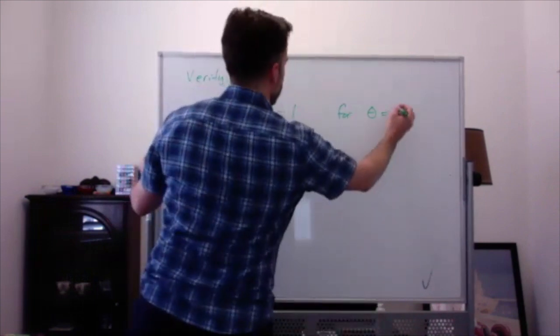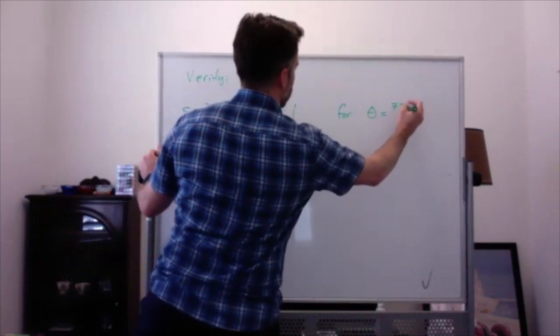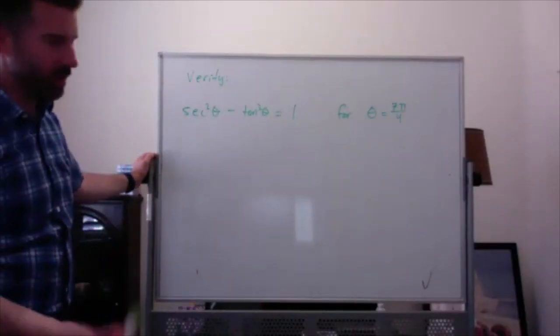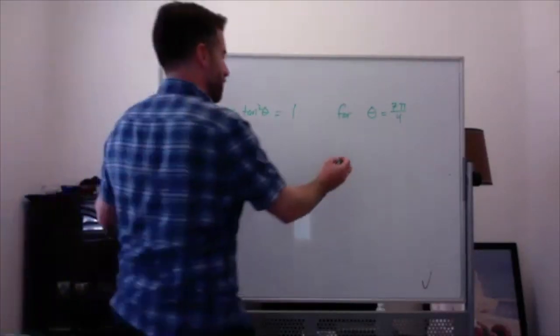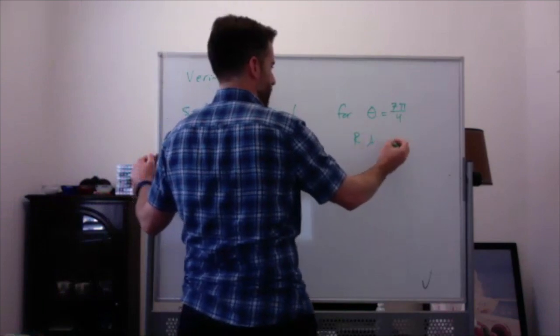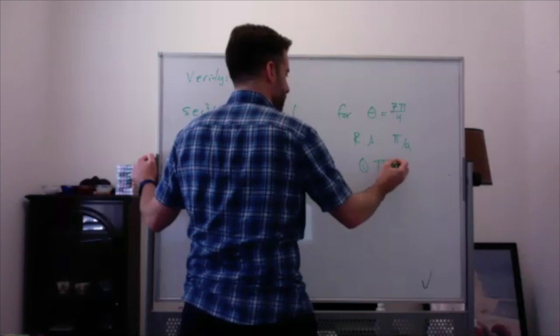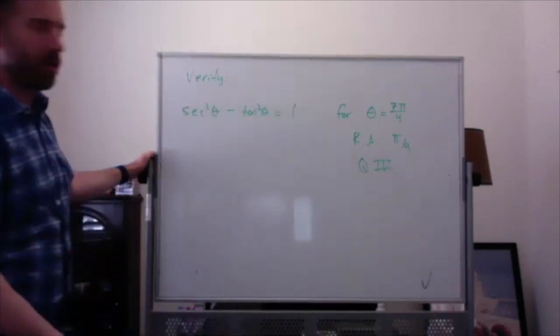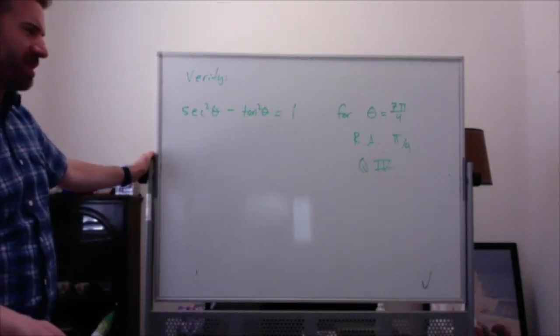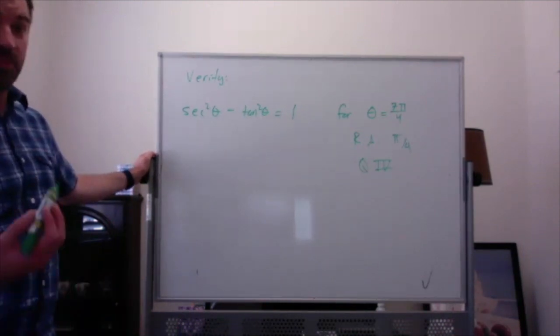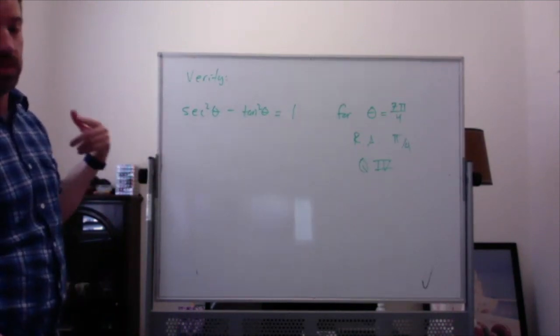Let's go 7 pi over 4. As usual, we're going to use the reference angles. So the reference angle here is pi over 4. The quadrant is quadrant 4. So in quadrant 4, tangent's negative. In quadrant 4, cosine is positive, so secant is also positive.